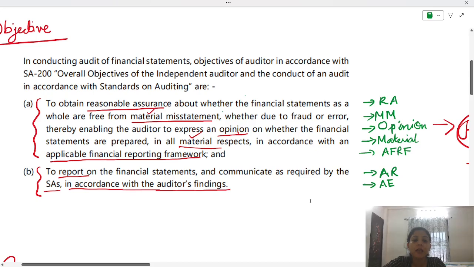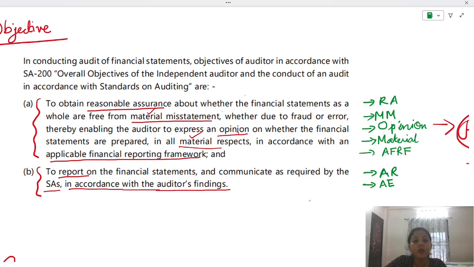Thus, we can say that the auditor has to obtain reasonable assurance about whether the financial statements as a whole are free from material misstatement, whether due to fraud or error, thereby enabling the auditor to express an opinion on whether the financial statements are prepared in all material respects, in all significant aspects, in accordance with the applicable financial reporting framework, and to report on the financial statements and communicate as required by the SAs in accordance with the auditor's findings.